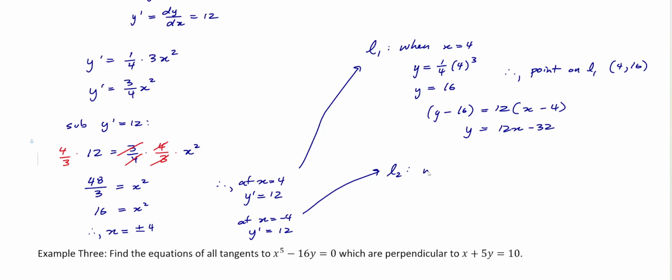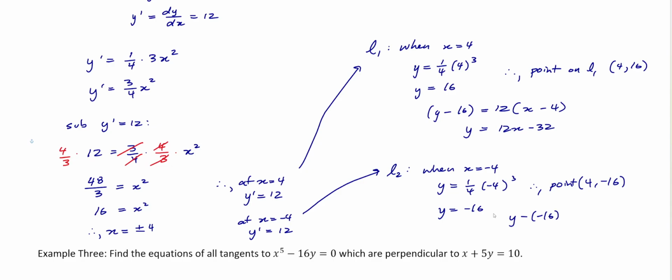So here's another line. Line 2, and that's when x is equal to negative 4. I sub that in. y is equal to 1 over 4 times negative 4 cubed. This gives me negative 16, so therefore my point is (-4, -16). I do the same thing: y minus negative 16, and you don't need that bracket, x minus negative 4, and then we get y is equal to 12x plus 32.